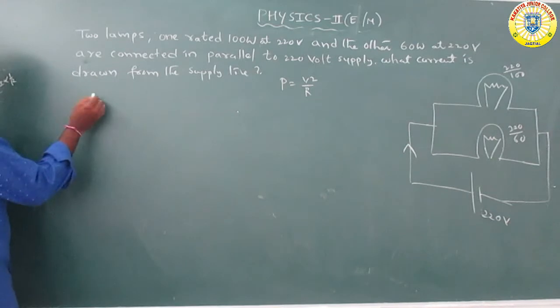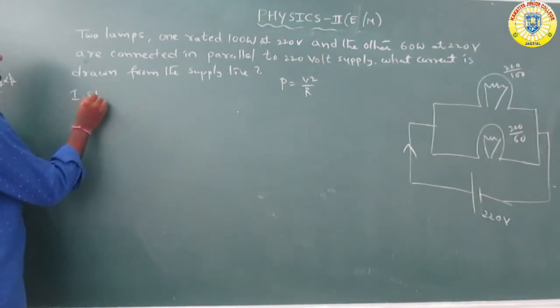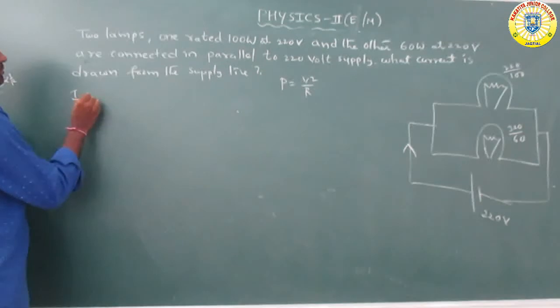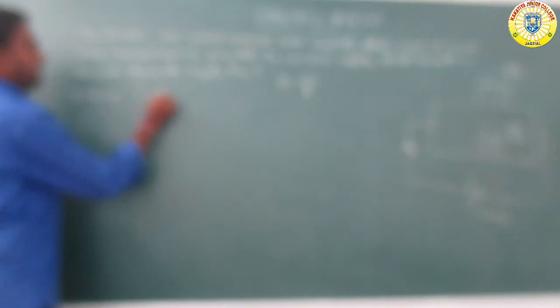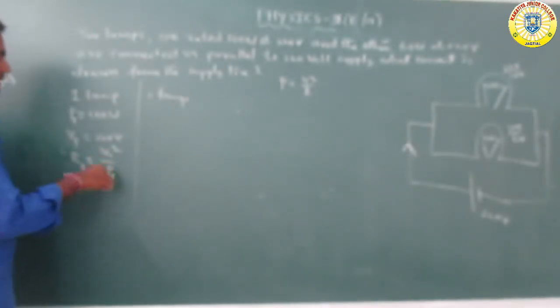R is equal to V square by P. The first lamp is taken, and the second lamp is taken. For the first lamp, the power P1 is equal to 100 watts, the voltage V1 is equal to 220 volts supply, and R1 is equal to V1 square by P1.